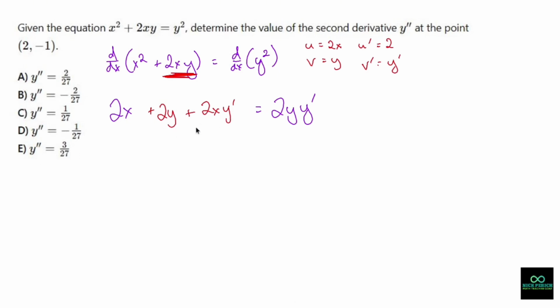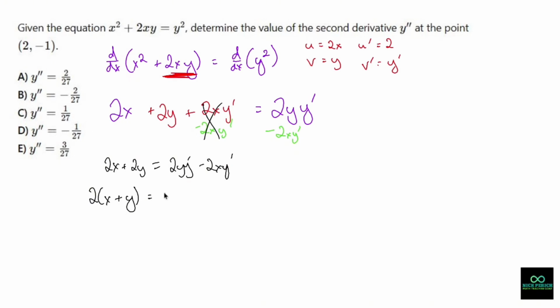Now, let's move terms to the other side, like so. And so the left side is now 2x plus 2y equals 2y y prime minus 2x y prime. Factor out whatever you can on both sides. Factor out a 2 on the left, 2 times x plus y.